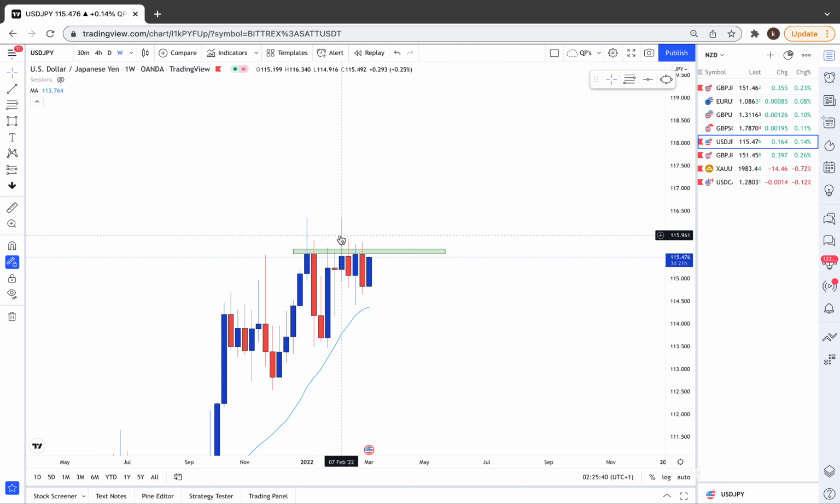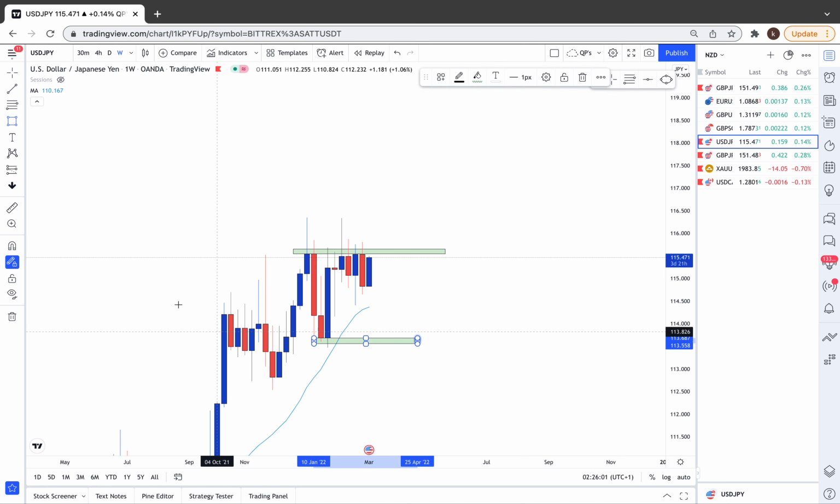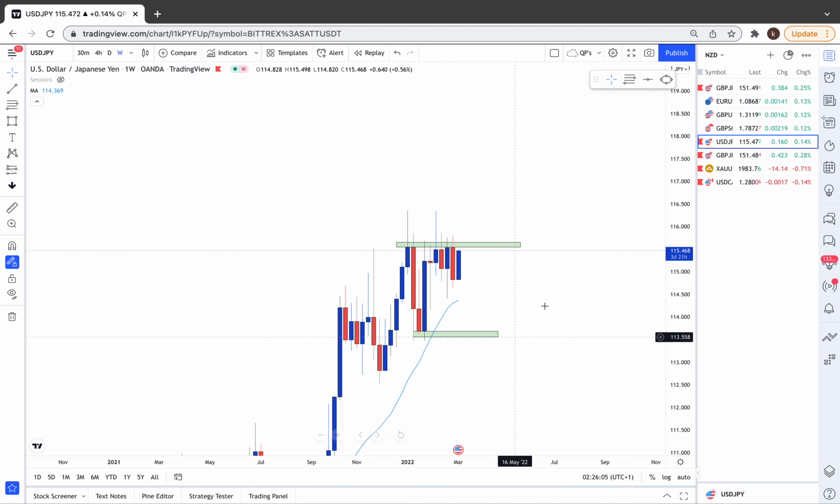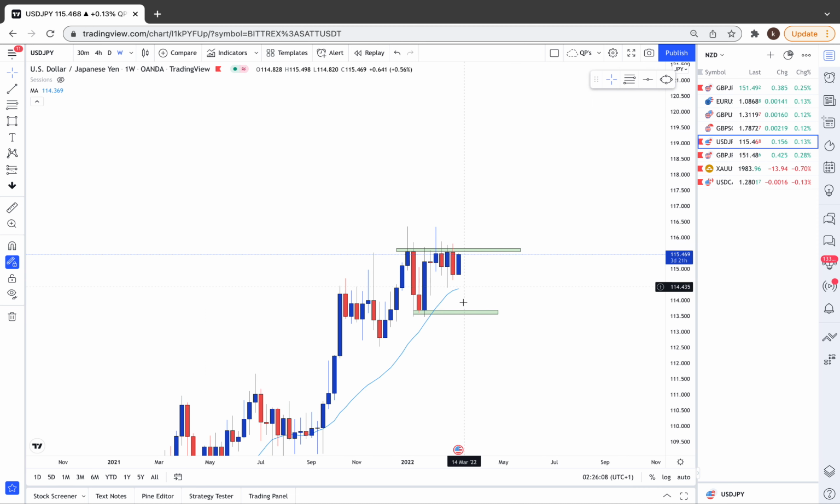So when it came up, we already had 1, 2, 3, 4 rejections on this zone, showing us that price is having difficulty breaking to the upside and has potential to go down at least back to this area. This would be the weekly low. So based on the weekly, I am looking to short from a weekly high point back to a weekly low point.